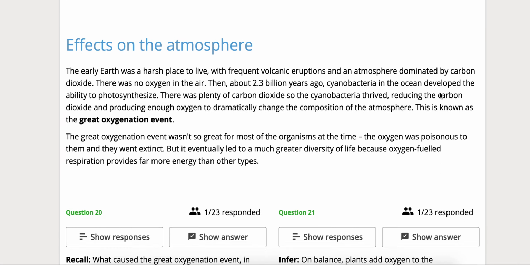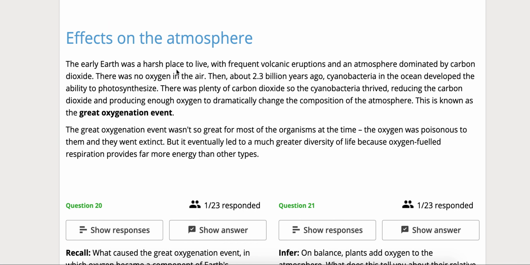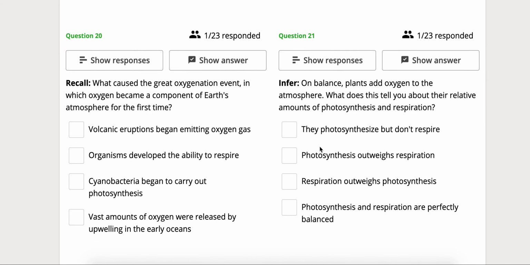Given that the Earth started with enormous amounts of carbon dioxide and there was no oxygen in the air, to what we have today, where our atmosphere is full of oxygen, would you consider that plants photosynthesize yet don't respire? That photosynthesis outweighs respiration?